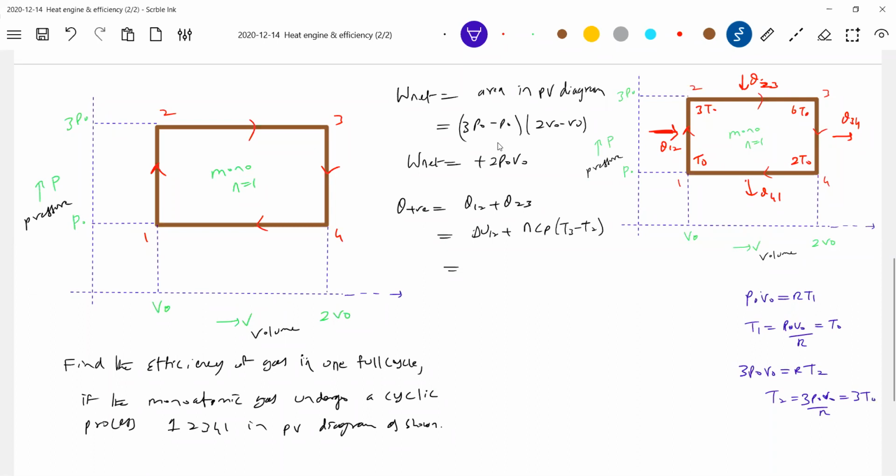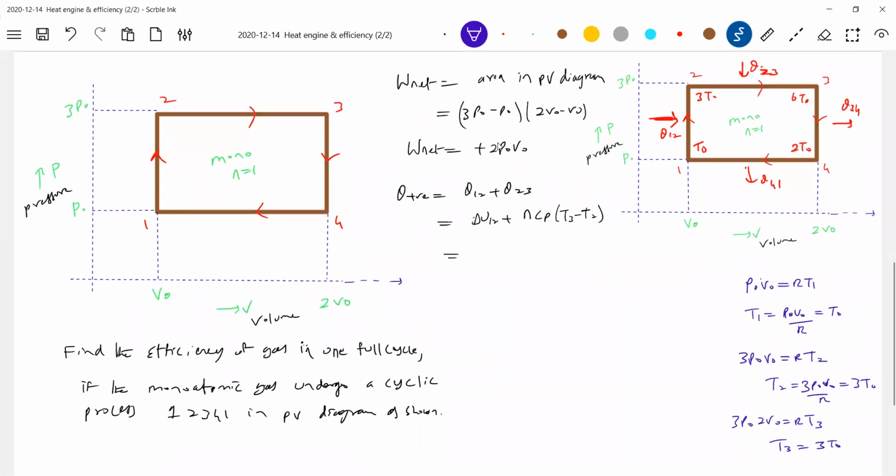Shall we go for symbols like this? This will be much easier. 3 P naught, 2 V naught equals R T3. And finally, I'm just giving symbols like this; you can go for symbols here.